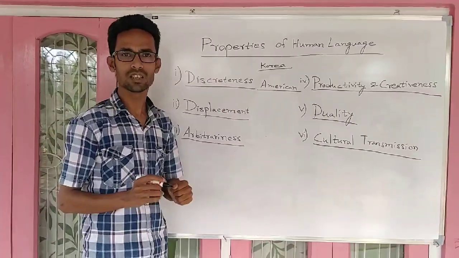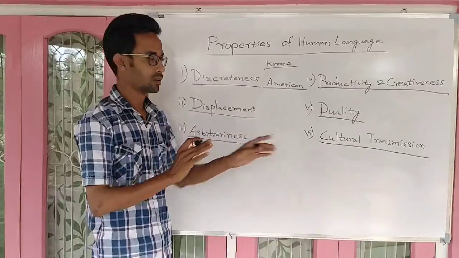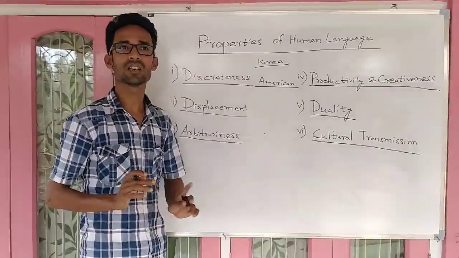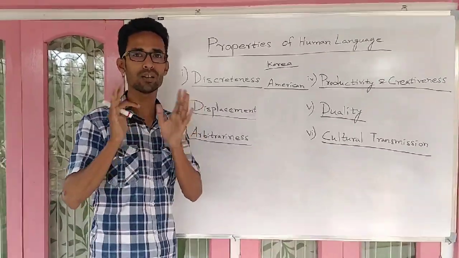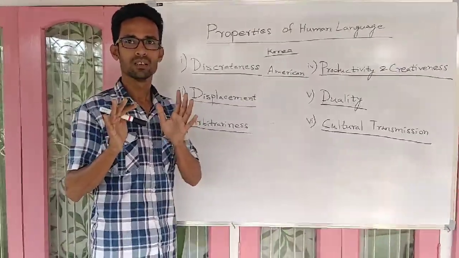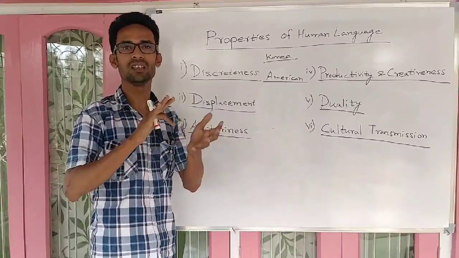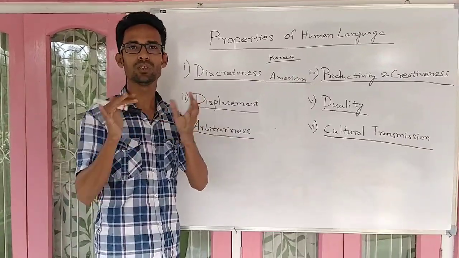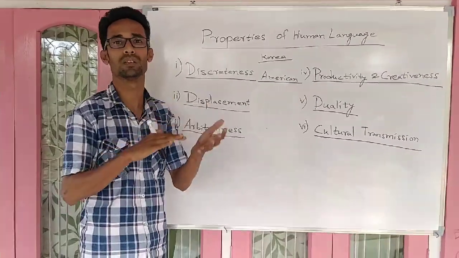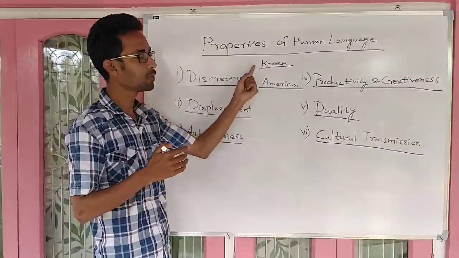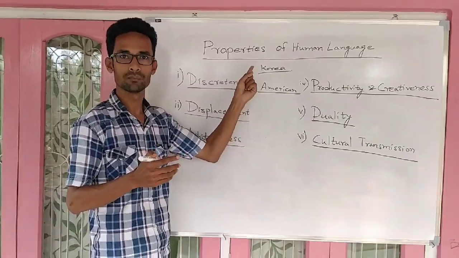Now, what is cultural transmission? Please remember the example. What does cultural transmission mean? It means that human language is so effective that regardless of birth, the child takes the language which is culturally transmitted to her. Like the baby was born in Korea, that means by birth she is a Korean.